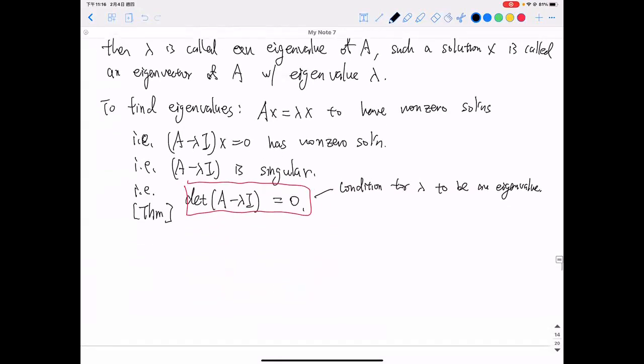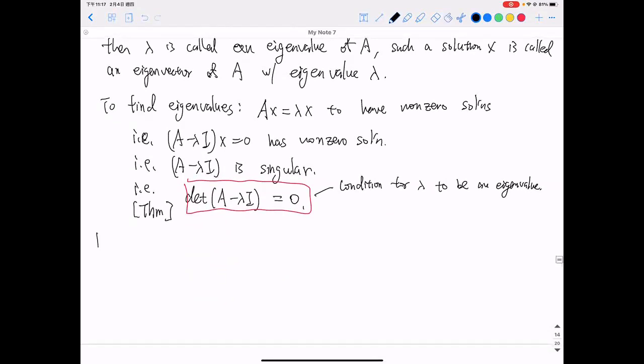Lambda is not known, right? Eigenvalues are not known before we solve for them. So what we're saying is we should formulate the following definition. A is an n by n matrix.